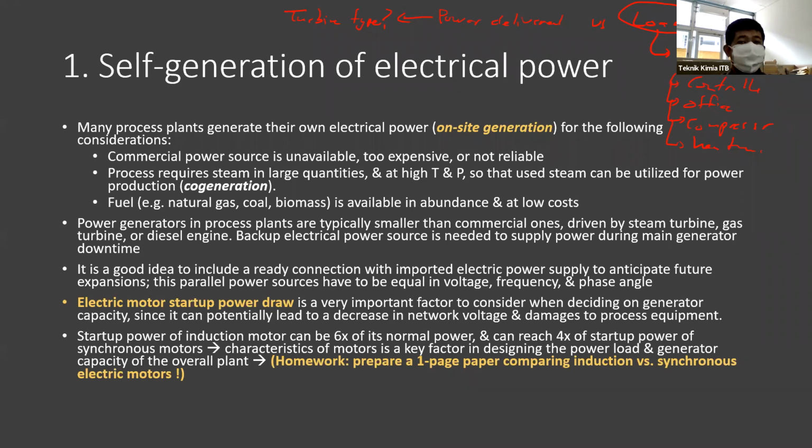You can use coal in there, or maybe you need to use a gas turbine. Even though it's less complex compared to the steam turbine, it requires a skilled operator.